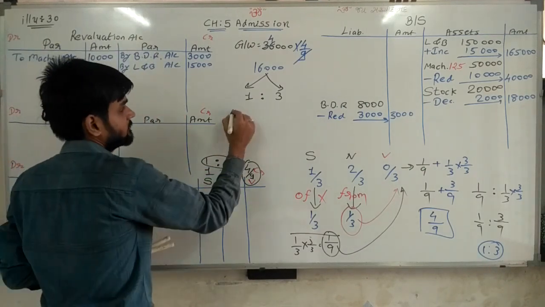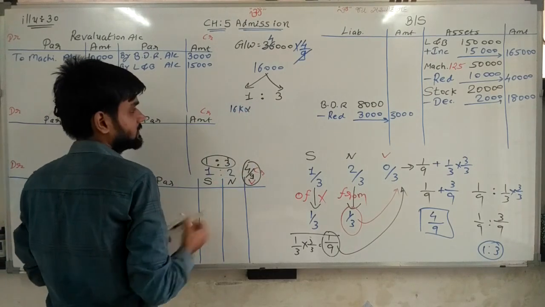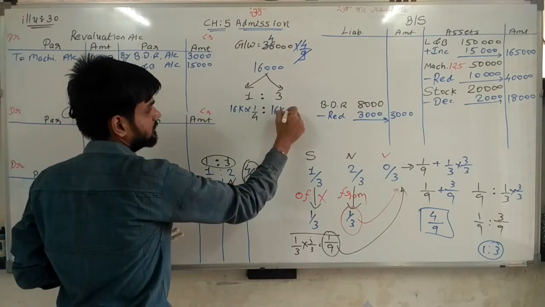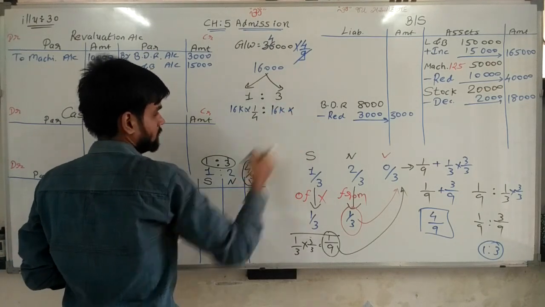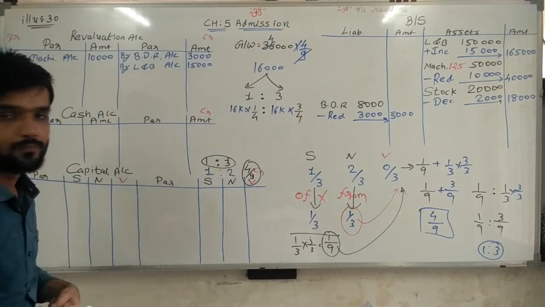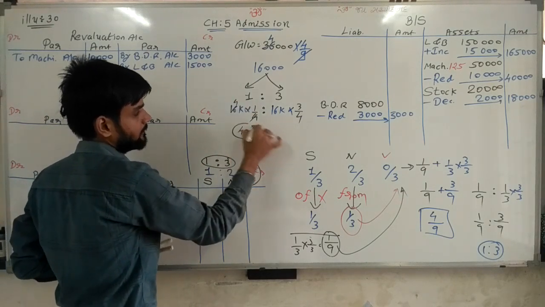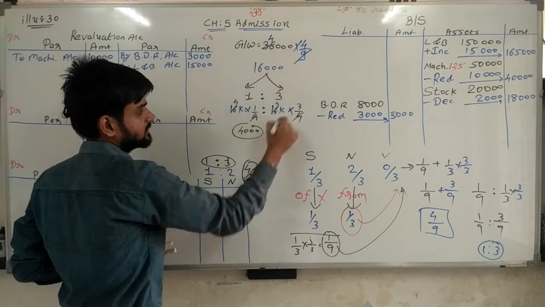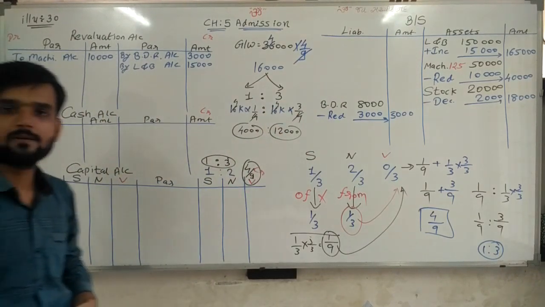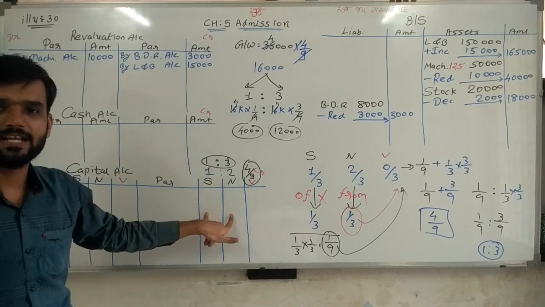So 16,000 into 1 divided by 4, and 16,000 into 3 divided by 4. 4 4s are 16, so 4,000 rupees. 4 4s are 16, so 12,000 rupees. So 4,000 and 12,000 is the portion of goodwill given to S and N.